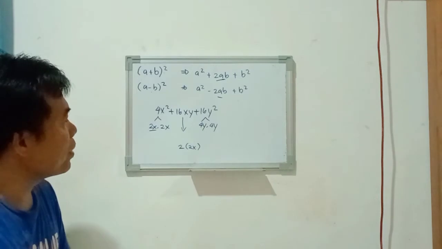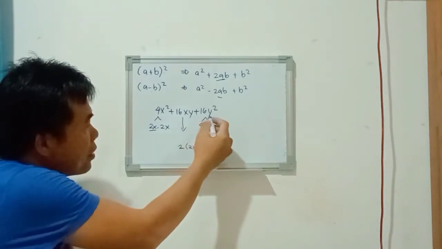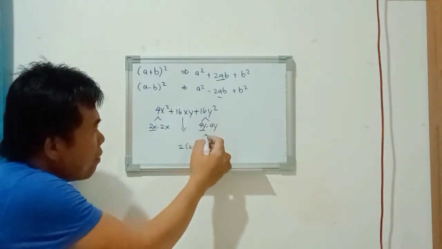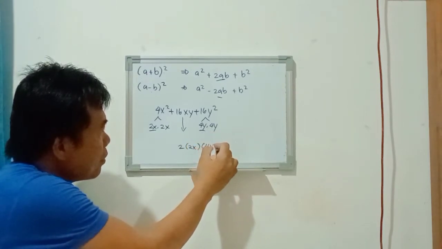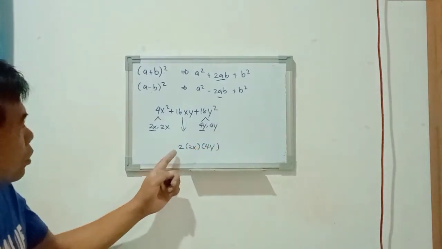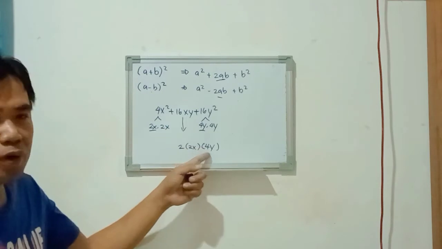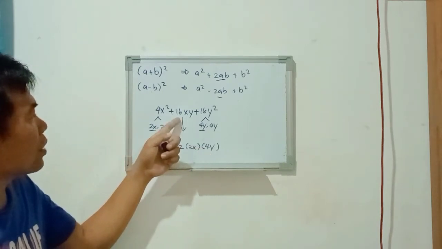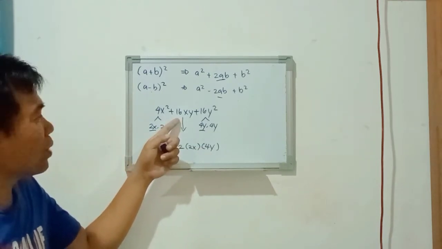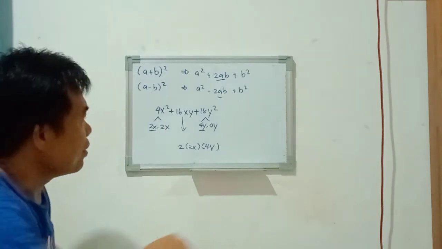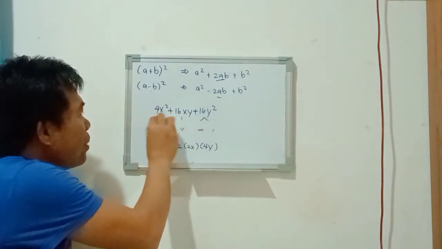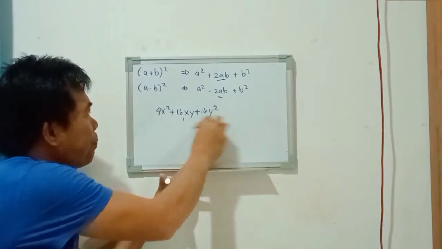And the square root of the last term, 16y squared, is 4y. So 2 times 2x times 4y is equal to 16xy. Therefore, this trinomial is a perfect square trinomial.